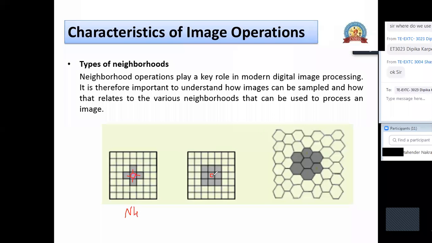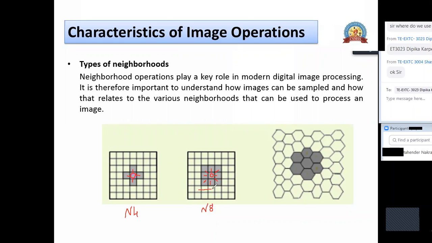Same way we have N8 neighbors. So this is the center pixel and what are its neighbors? These are all the neighbors. So we have horizontal, we have vertical, as well as we have diagonal neighbors. Okay, that is N8 neighbors. Now if we include other neighbors also, it is not that there are only N4 and N8. We have N24 neighbors also like this.